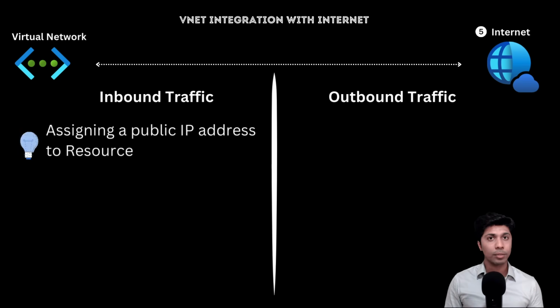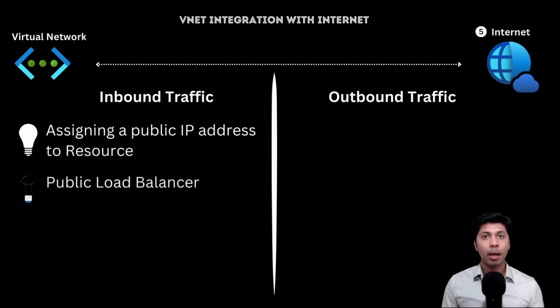Second way is using a public load balancer. A public load balancer maps the public IP and the port of incoming traffic to the private IP and the port of maybe a VM. You can distribute a specific type of traffic across multiple VMs or services by applying load balancer rules.